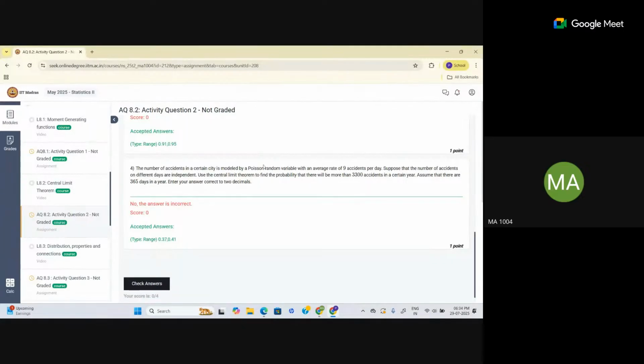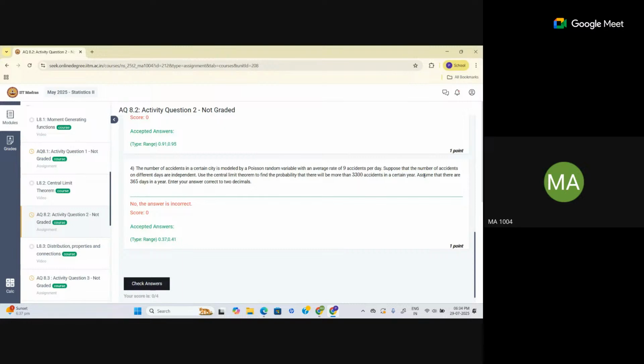Simply here, this average is given per day. On average, 9 accidents are happening per day, and the probability that we have to calculate is being asked for a year.